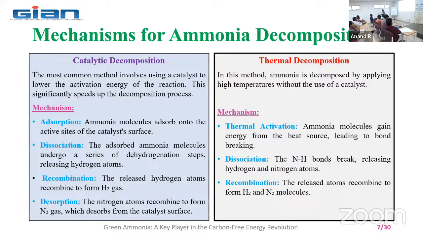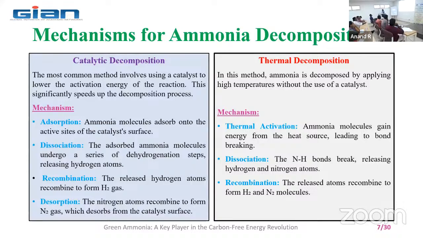Then in dissociation, the nitrogen-hydrogen bonds break and it is in the atomic state, N and H. Then a nitrogen atom and another nitrogen atom combine and form N2. Similarly, a hydrogen atom and another hydrogen atom combine and produce a hydrogen molecule. The released atoms recombine to form hydrogen molecules. It's called recombination.